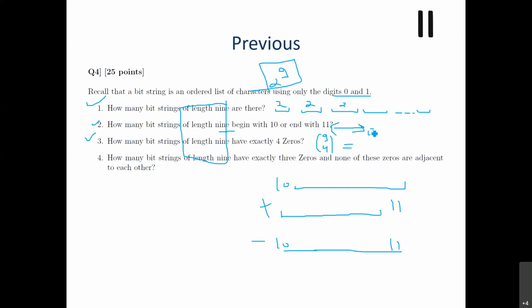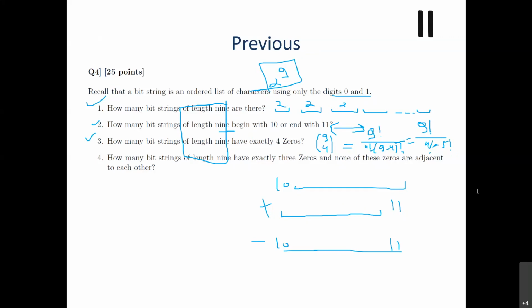It's just 9 factorial over 4 factorial times (9 minus 4) factorial. You can calculate that.